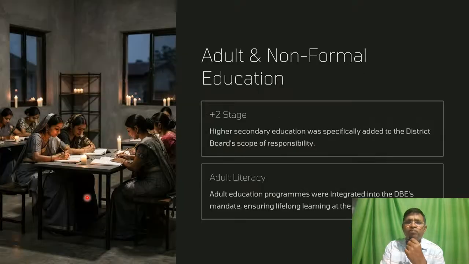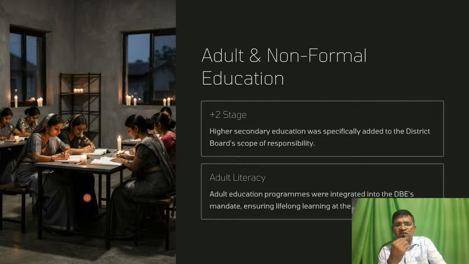This Program of Action 1992 also gave importance to adult education, that is non-formal education. The plus two stage, the intermediate level, higher secondary education, was specifically added to the District Board of Education's responsibility.